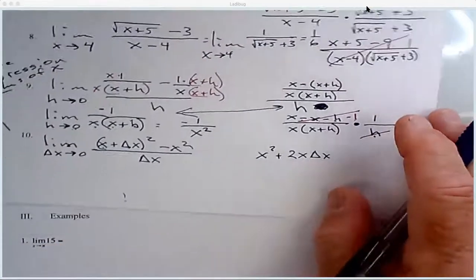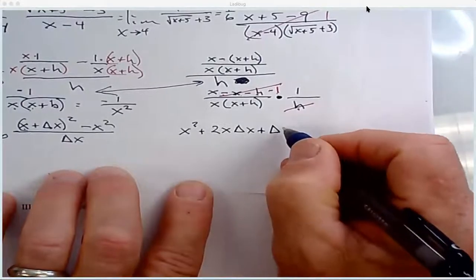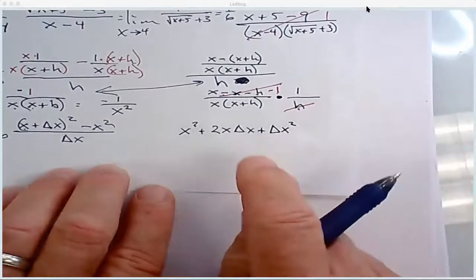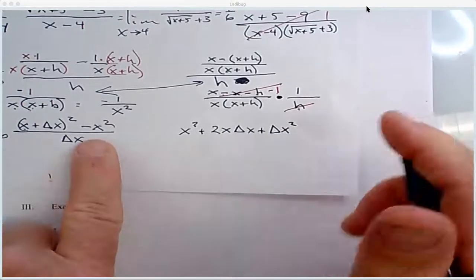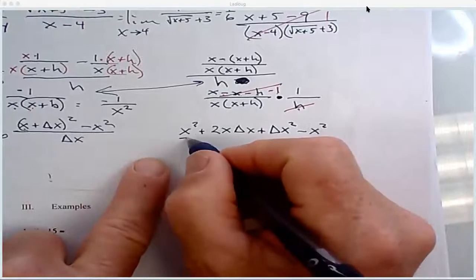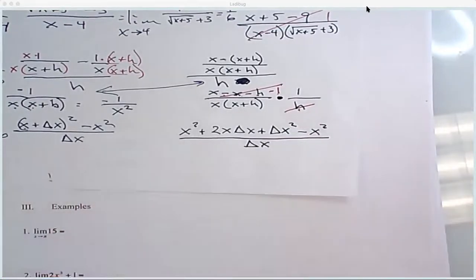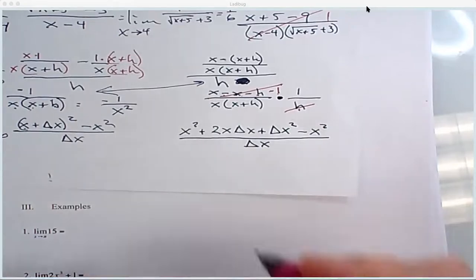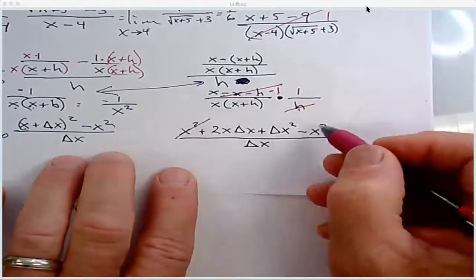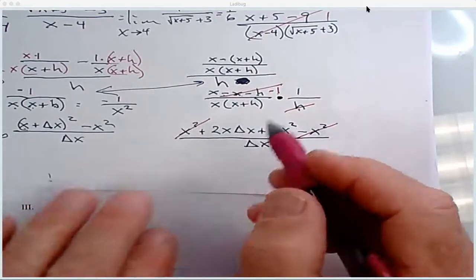Plus delta x times delta x is going to be delta x squared, minus x squared over delta x. Notice now I just have two terms.